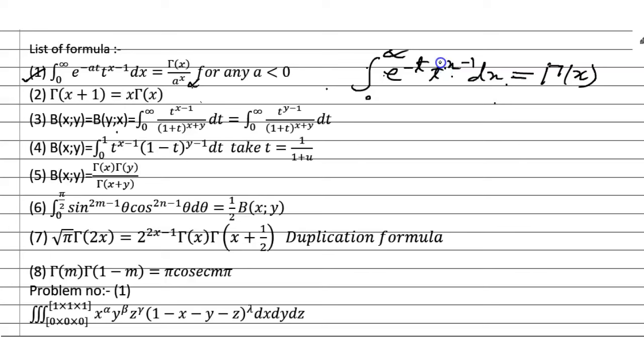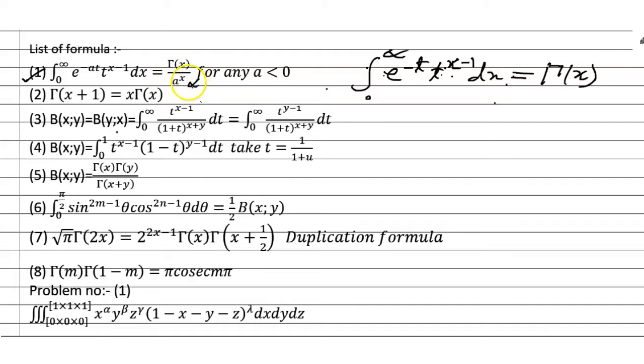So friends, the integral of e to the power minus at, t to the power x minus 1 dt equals gamma x divided by a to the power x.